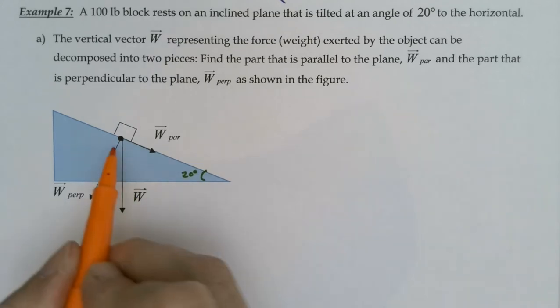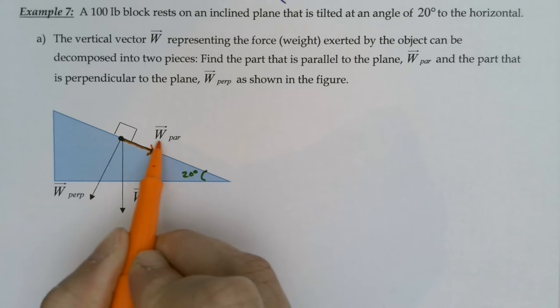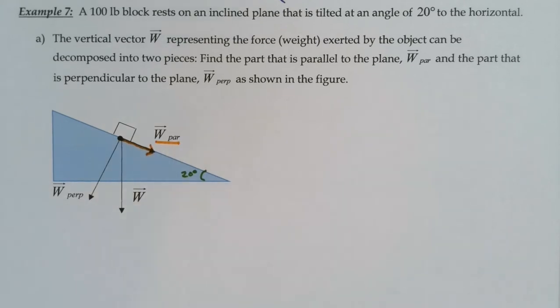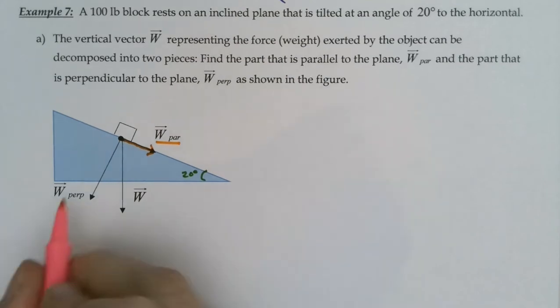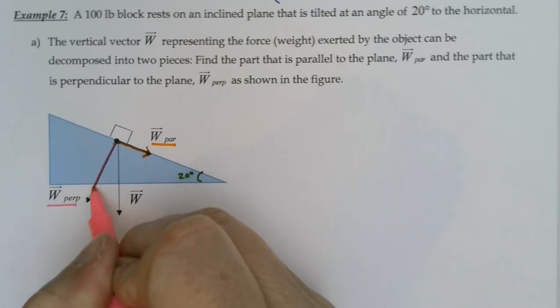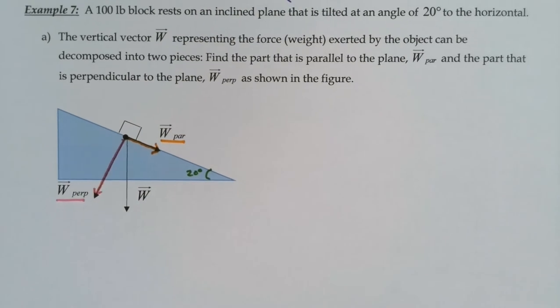Find the part that is parallel to the plane and the part that is perpendicular. So the parallel component is going to be right here, and the perpendicular component will be, I'm going to use hot pink, right here. There we go.